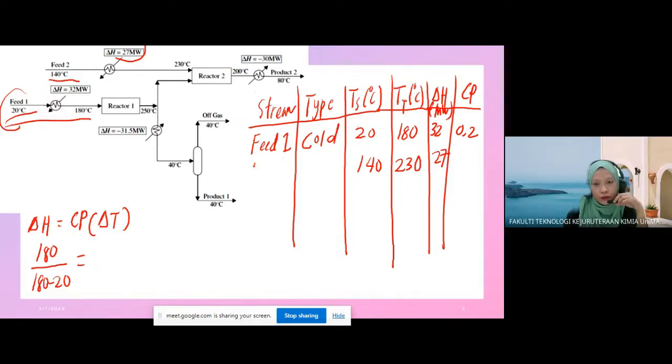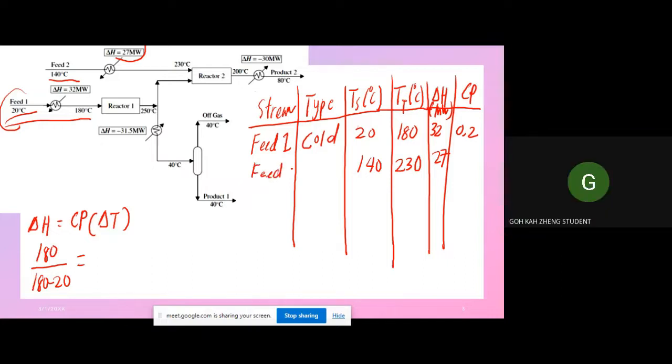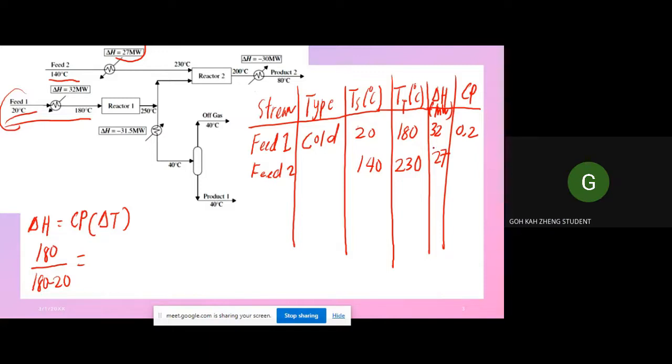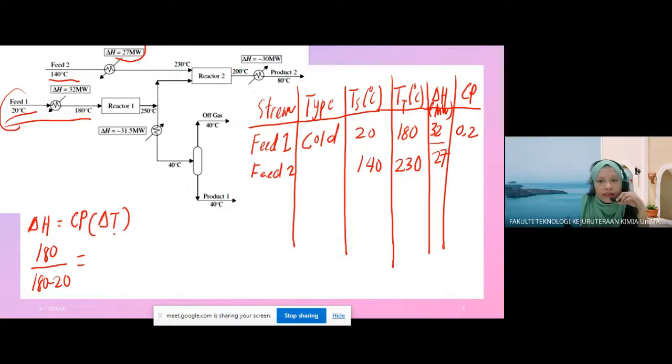Feed number 1, to get the CP, you use 32 divided by 180 minus 20. And then similarly for here, this is a cold stream, right? So to get CP value, it is 27 divided by 230 minus 140. You get 0.3. And then what's next?